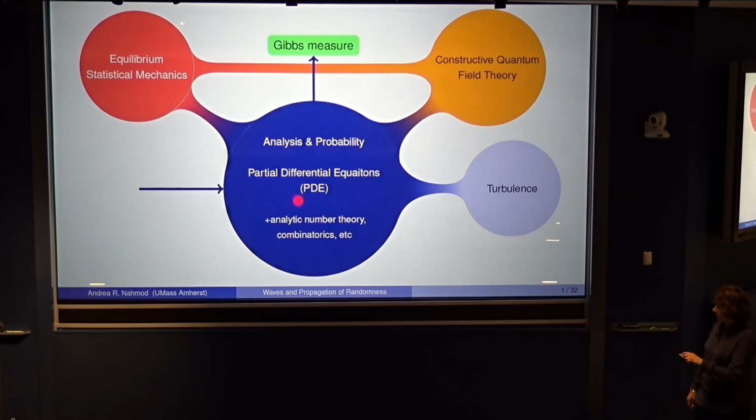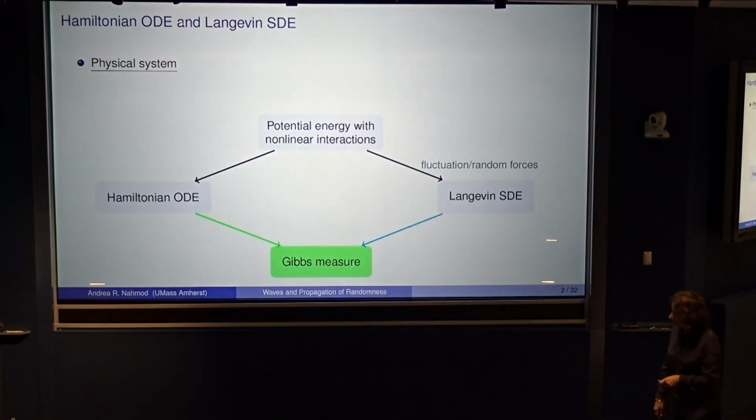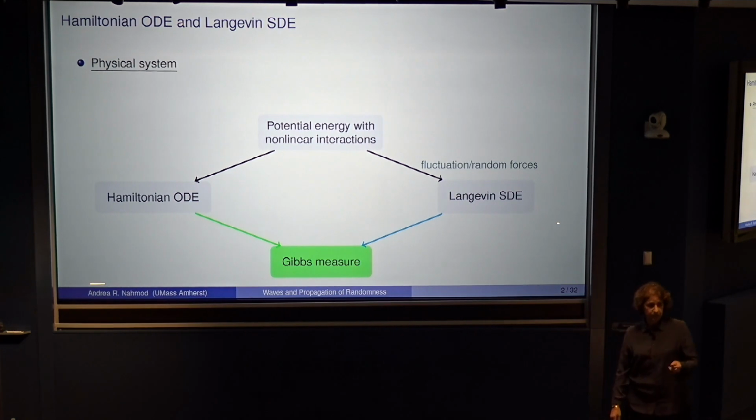And many of the tools and techniques that we use here to answer the questions that were posed here also have a bearing or are related to questions in turbulence theory, but we are not going to talk about this today. So let's start with something easy, which is ODE systems.